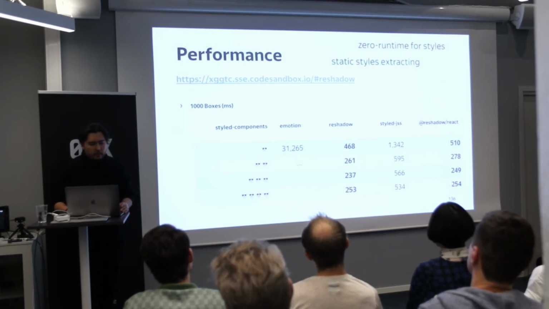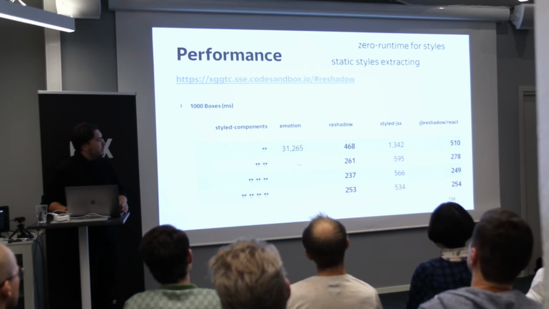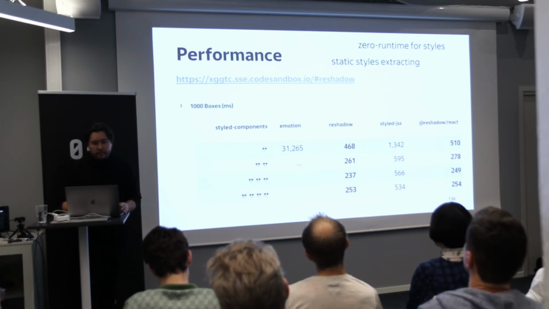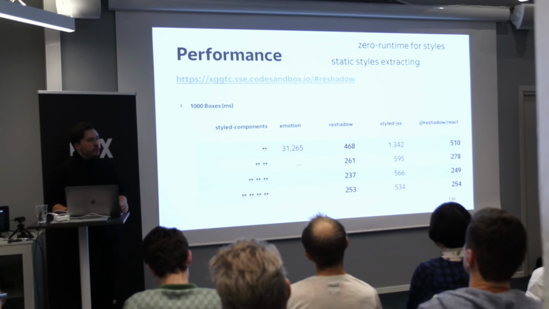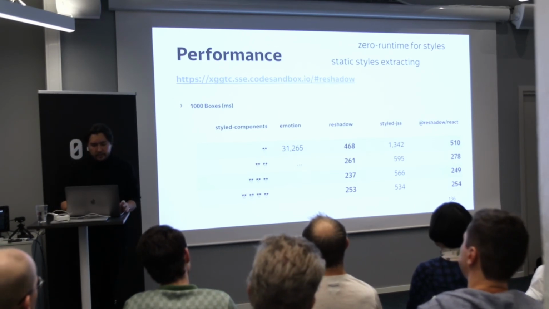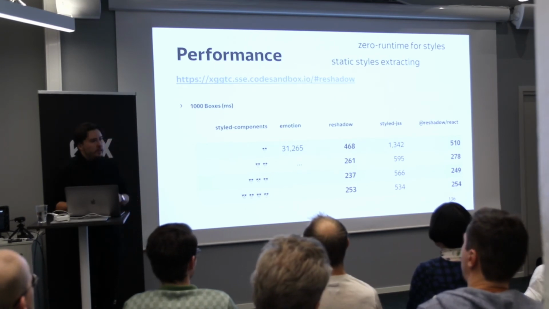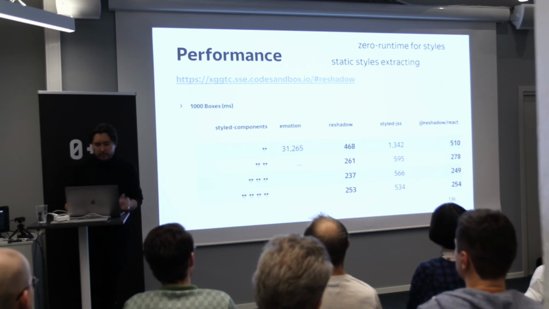And if we take a look at the 1,000 boxes, Reshadow does not depend on how many elements we need to style. Yeah, there are some correlations, but your performance will not go down with more complicated applications here.